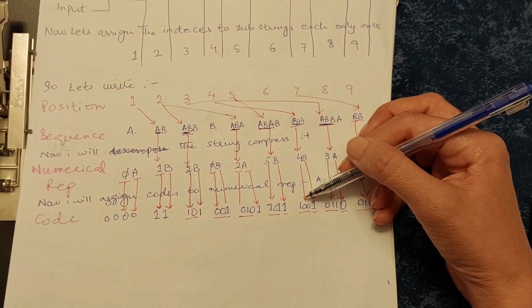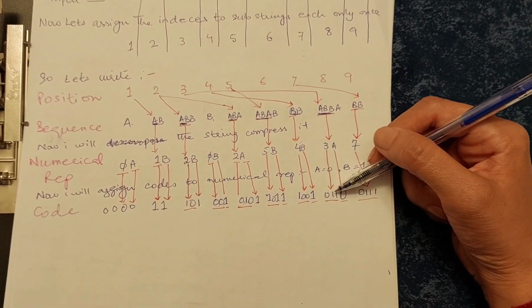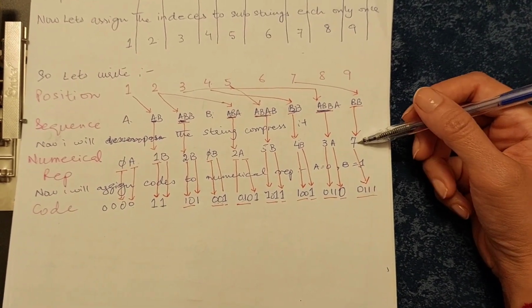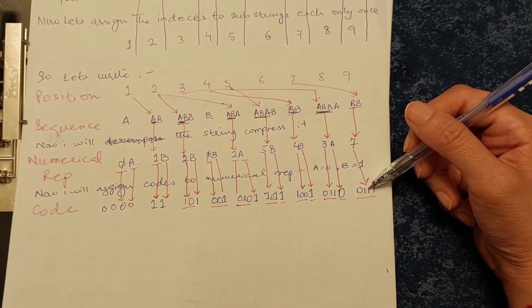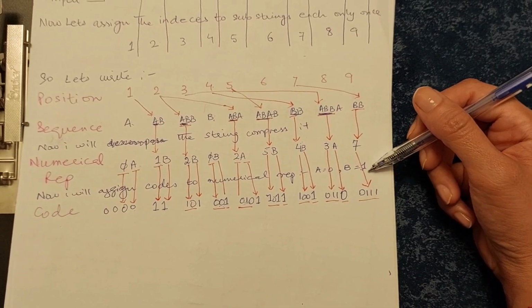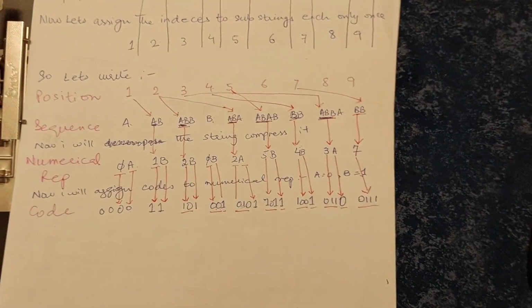And 4 is 1 0 0, and B is 1. And 3 is 0 1 1, and A is 0. And 7 is 0 1 1, and yeah, it's simply the same as you did it for B, which is of course 1.